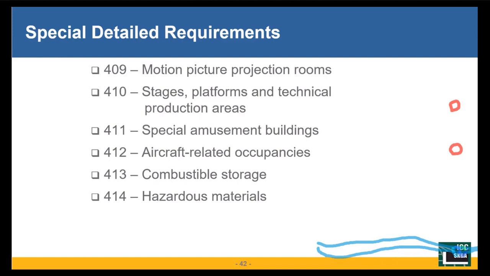And hazardous material is another. Again, there are special requirements dealing with hazardous material. These are building structures where they manufacture, process, store, use, sell, or dispense hazardous material that exceeds the quantities listed in the code. There are specific requirements to contain these hazards, and the fire code has specific requirements as well.